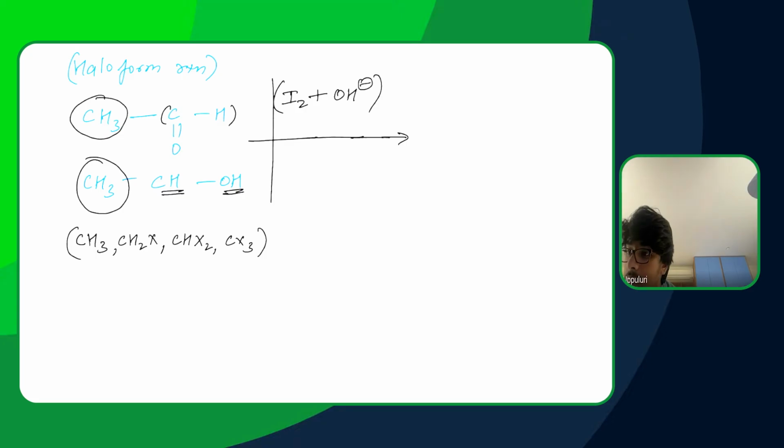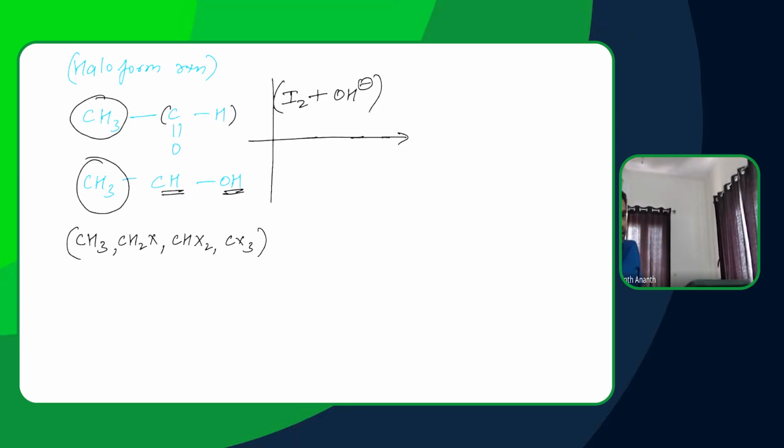Now this is going to be the bare condition which you need, but they will not necessarily give it to you in this format every time. When I say I2 in basic medium, they can give it to you in many different ways. The I2 can be generated during the reaction and then basic medium is present.